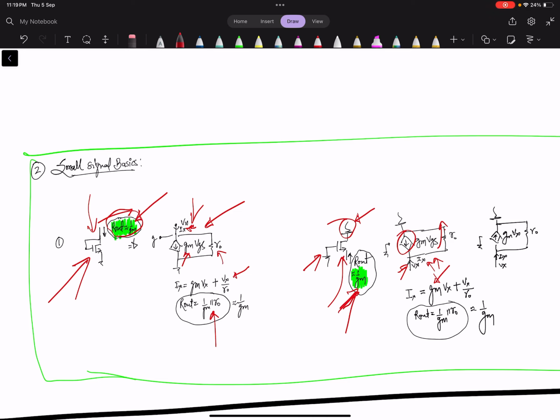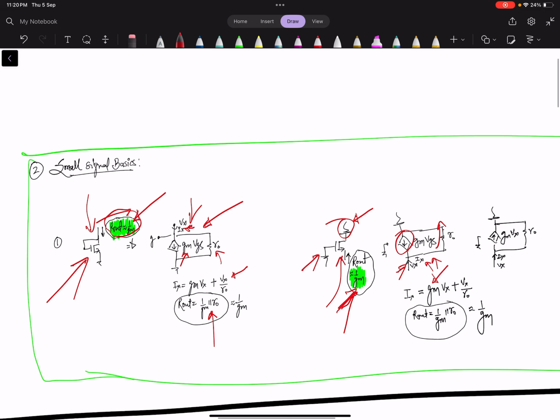So here, this current should be in this direction, but the magnitude is gm vgs, so this will be gm times (vg minus vx), where vg is 0, so this will be minus gm vx. Because of that it will come to this side.